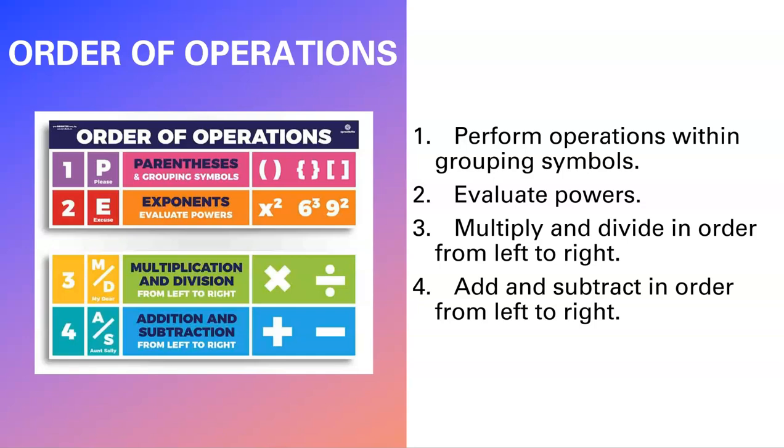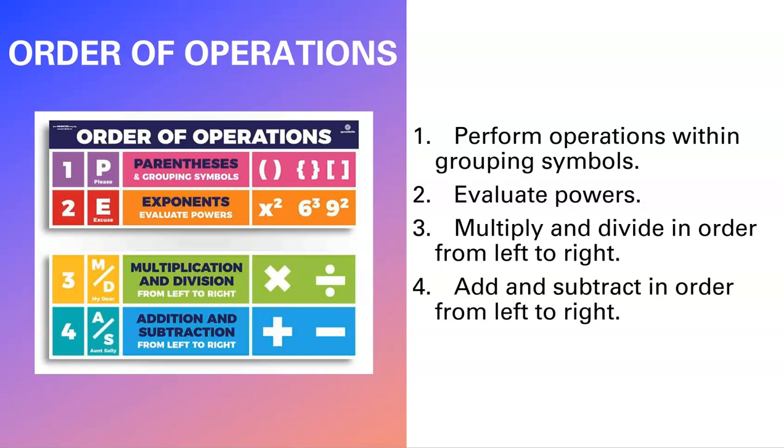Step 2 is to evaluate powers. So we're going to evaluate those exponents or simplify them to their lowest possible setting. Next, my dear, multiplication and division. We're going to do these from left to right.